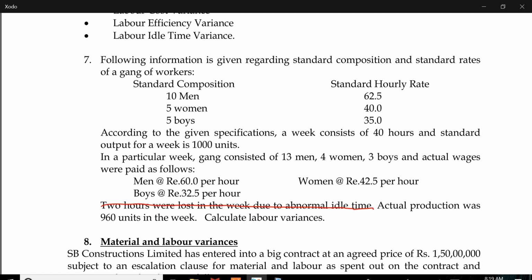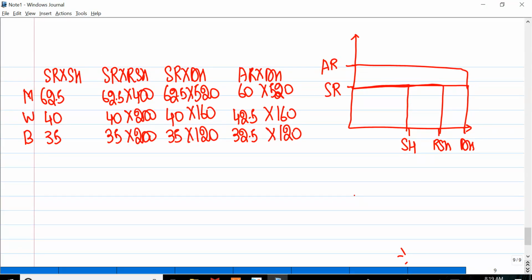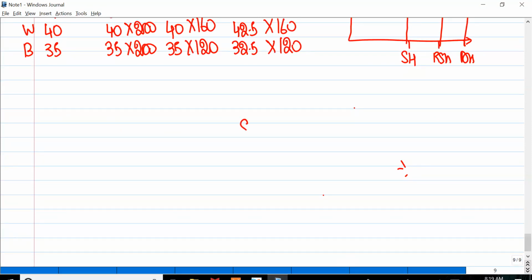A week consists of 40 hours and 20 people. So it's 800 hours equal to 1000 units, and the problem ends there. I don't have much to explain beyond this. Any doubts on 800 hours equal to 1000 units? So the standard equation is 800 hours equal to 1000 units.